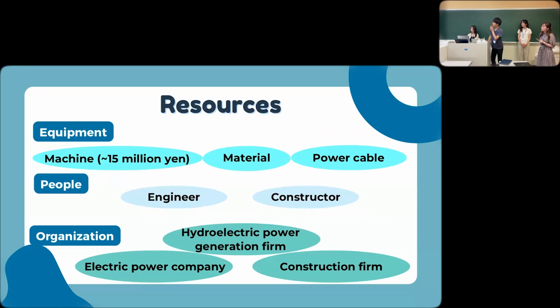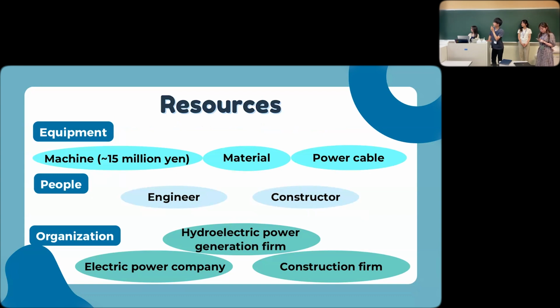And these are the resources. As for equipment, we need some machines, materials, and power cable. Machines include some electric power generators, and materials, we need some materials to make pools.